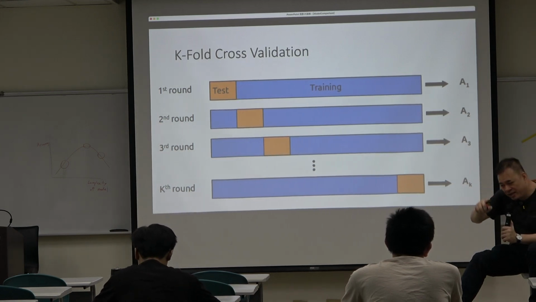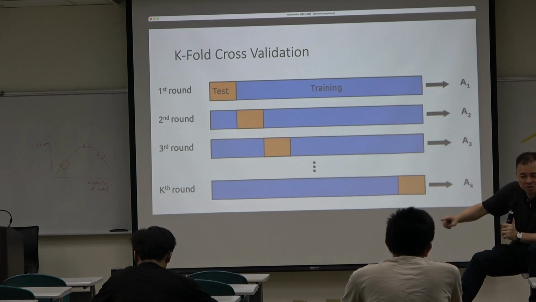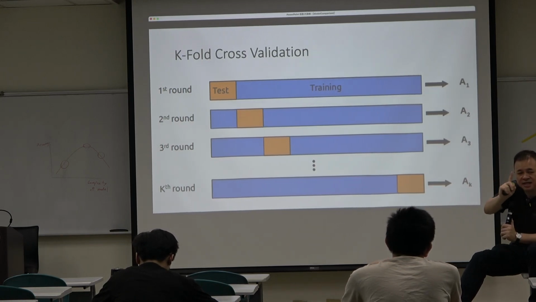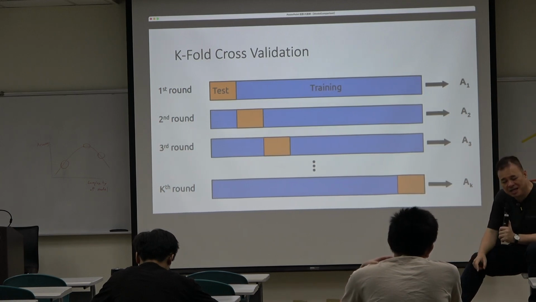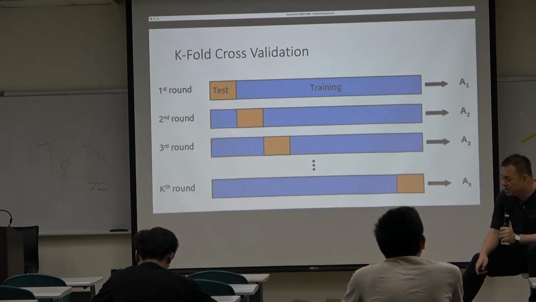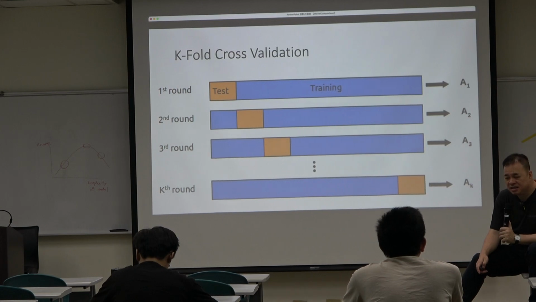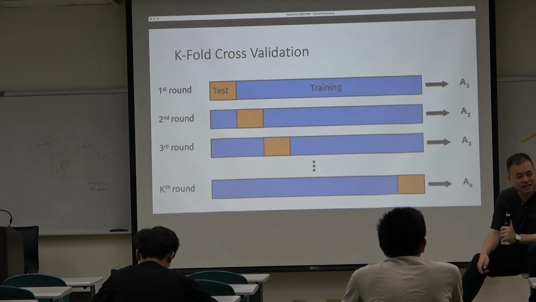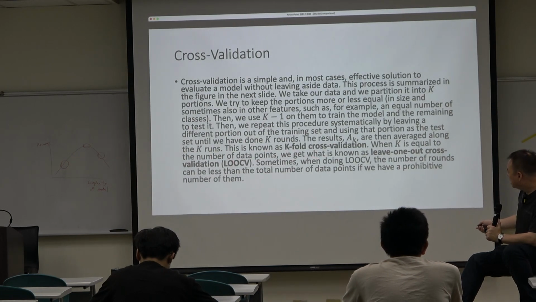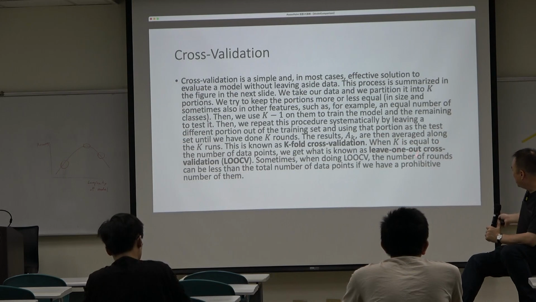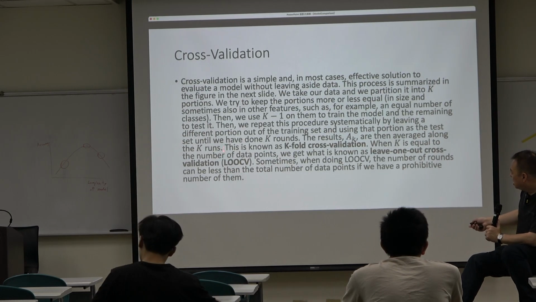You use the rest of the data for training, and use that one particular entry for testing. In that case, k becomes as large as the size of the data set. We normally call that approach leave one out cross validation, LOOCV.